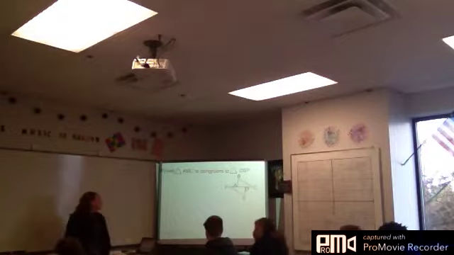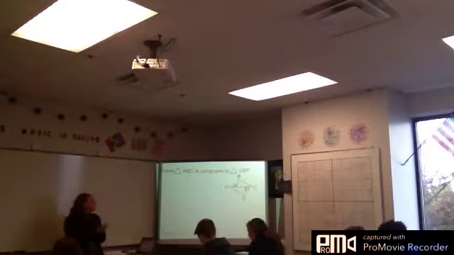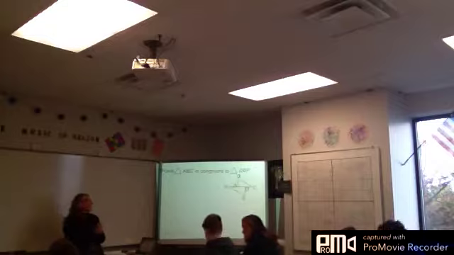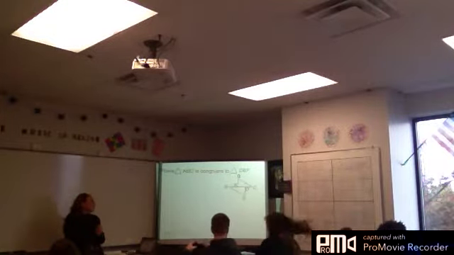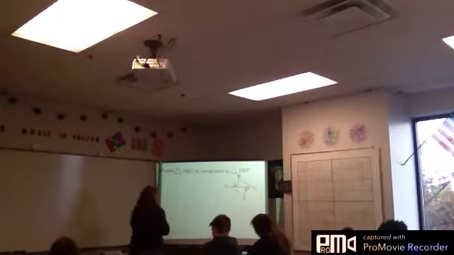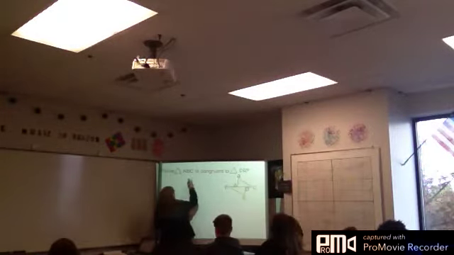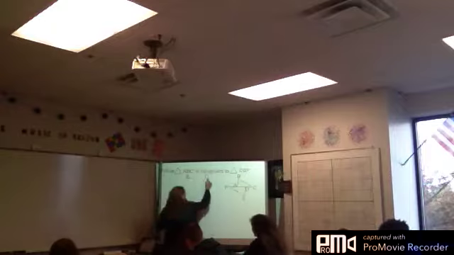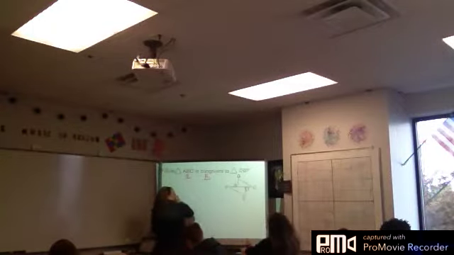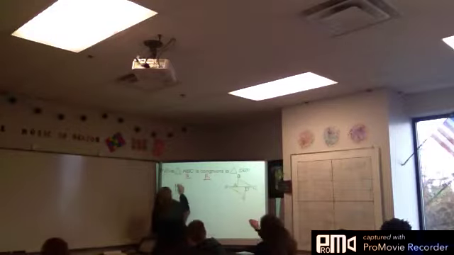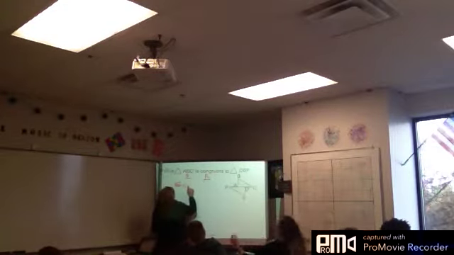Okay. Prove triangle ABC is congruent to triangle DEF. What's our givens? AB is congruent to DE. You put it in the right order.